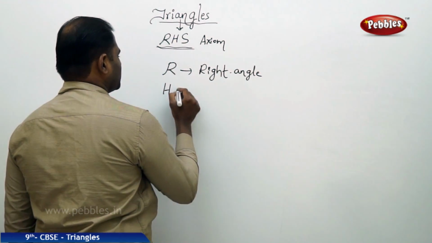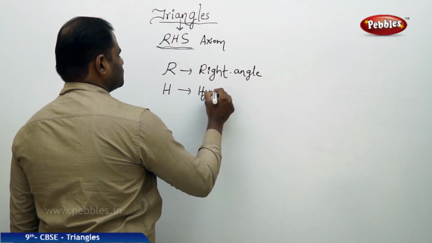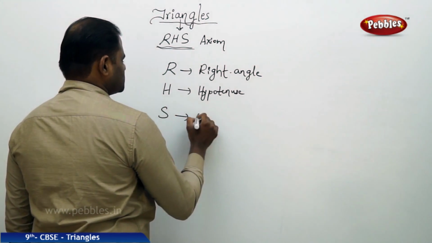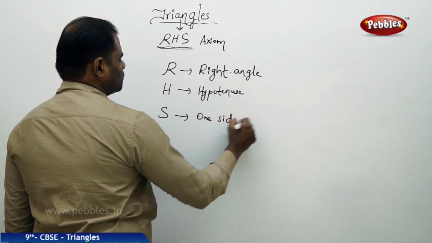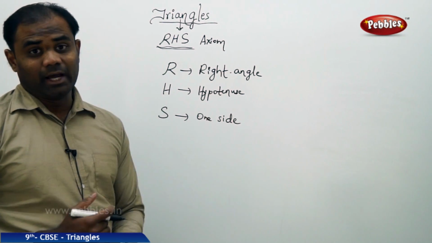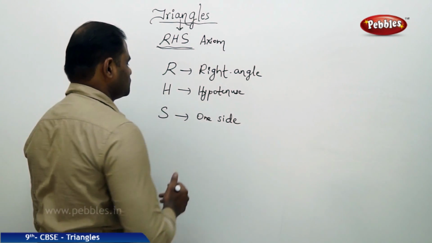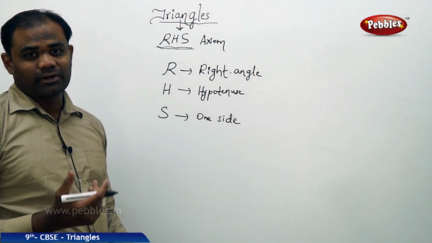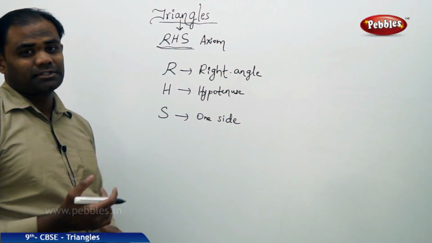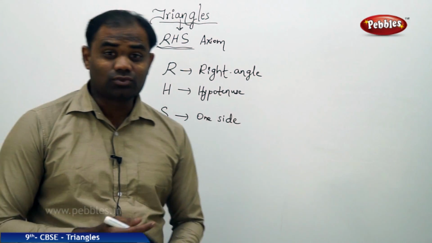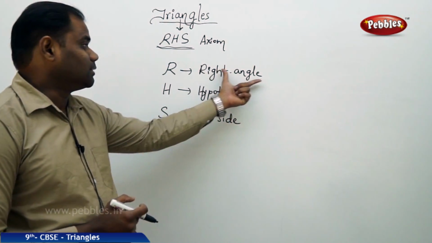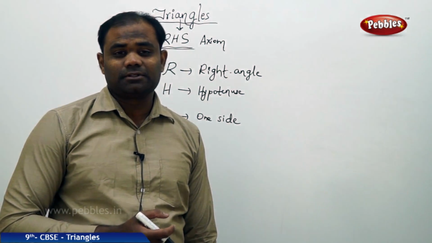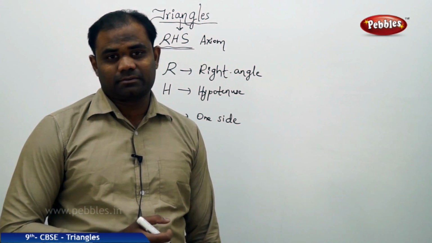H stands for hypotenuse. And S stands for one side other than the hypotenuse. So right angle, hypotenuse and one side of a triangle are taken into consideration in proving the congruency of two right-angled triangles. So let's see the RHS axiom connected with congruency of two triangles.